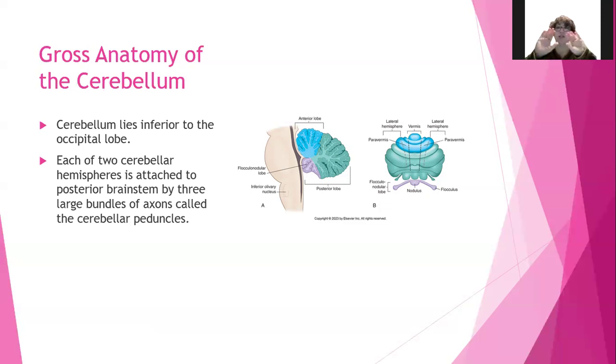Those cerebellar peduncles show up on imaging as just tons of myelinated axons, because lots of information is going back and forth to the cerebellum all the time to check actions, compare intended actions with what really happened, and make corrections through the motor neurons. So the cerebellum is busy.